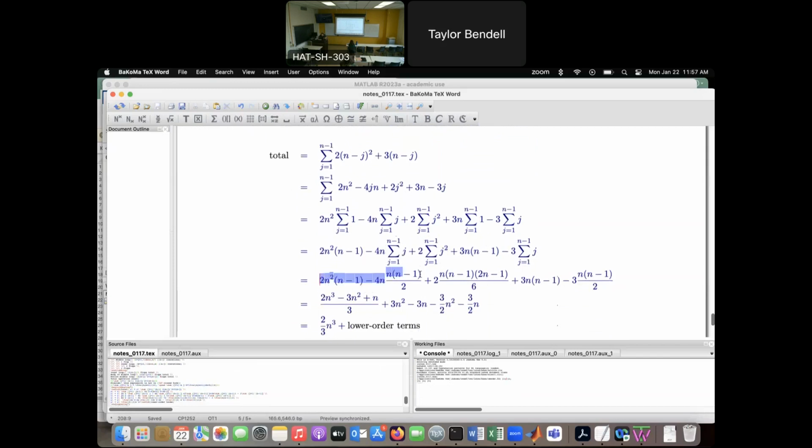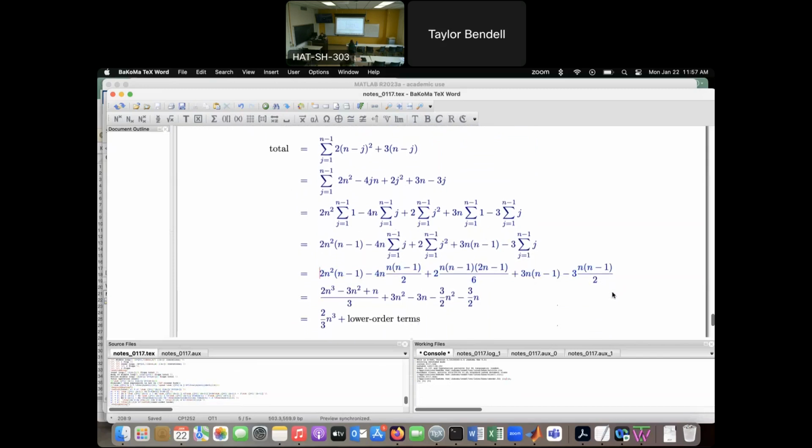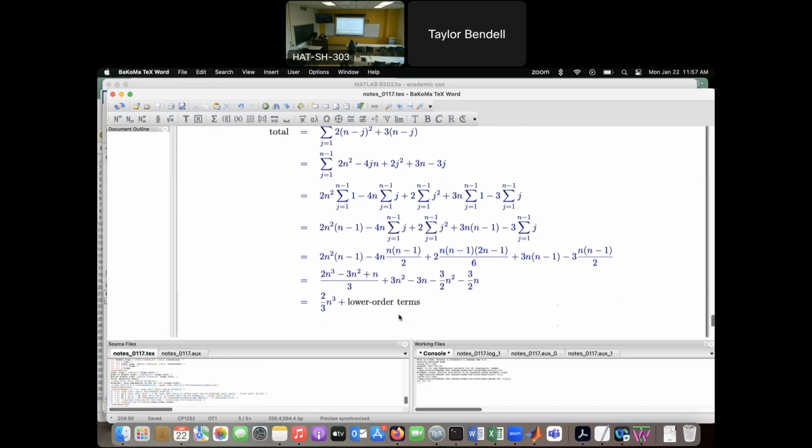So this expression right here actually is in closed form. It's just not simplified. Once I simplify it as much as I can, here we see the leading term 2n cubed over 3. That actually comes from this part right here, and then some lower order terms.